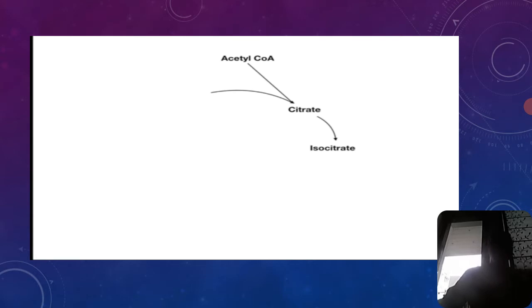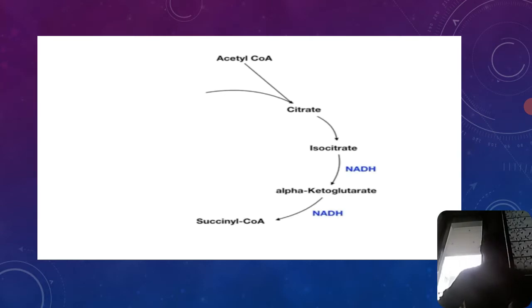Here the acetyl coenzyme A is converted into citrate by the action of the enzyme citrate synthetase. Citrate, the first product of the TCA cycle, is citric acid, a tricarboxylic acid. So this cycle is called the tricarboxylic acid cycle or citric acid cycle.